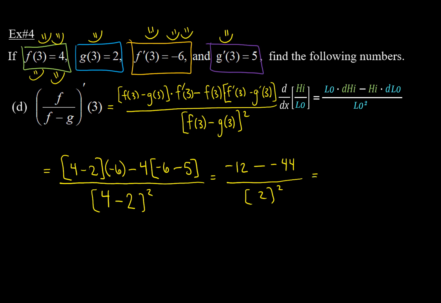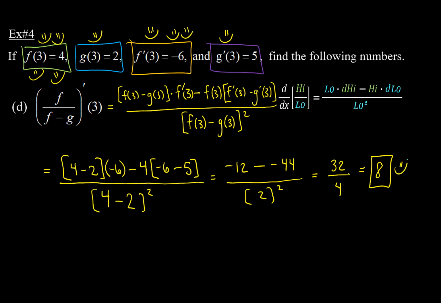So let's do -12 plus 44. And that's going to give us 32 all over 4. And that gives us 8. Huh.